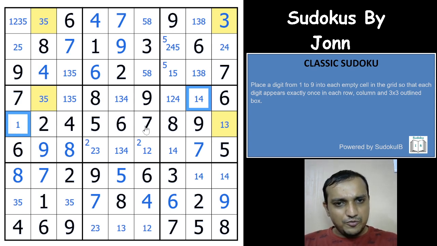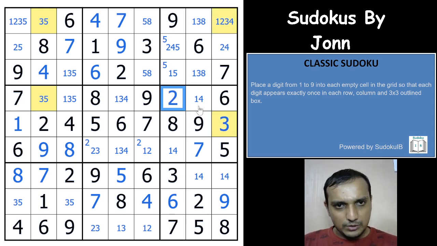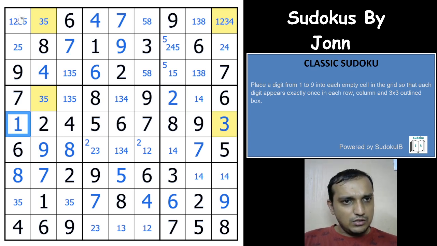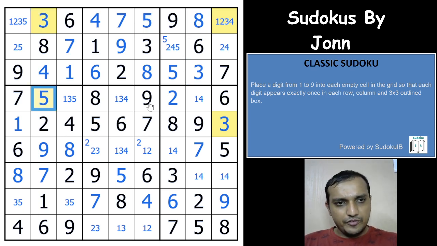So I can remove 3 from these two cells, and that gives you a 1-4 pair here and a 1 here. That 1-4 pair gives you a 3 here. Sorry, I need to remove that. That gives you a 3 here and a 2 here, right? That one gives you a 1 here, 5, 8, 3, 8, 5, 3, 5.